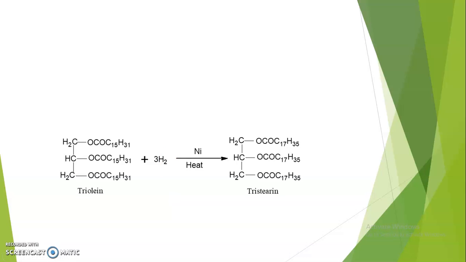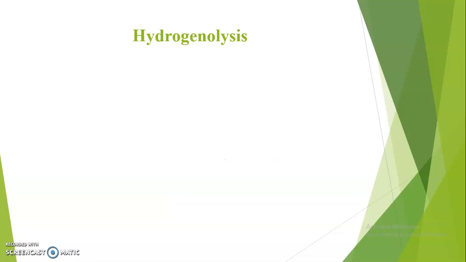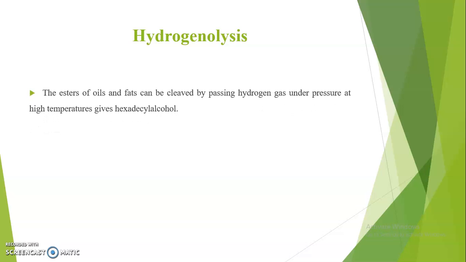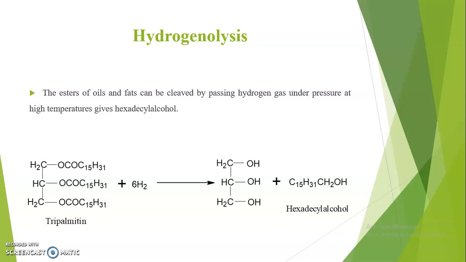Next, the reaction shown by fats and oils is hydrogenolysis, that is, lysis in the presence of hydrogen. The esters of oils and fats can be cleaved by passing hydrogen gas under pressure at high temperatures, which gives hexadecyl alcohol.